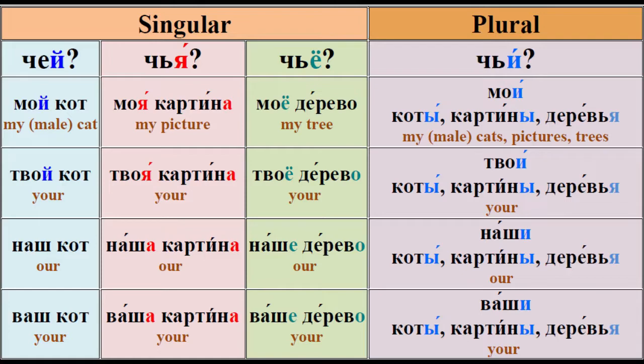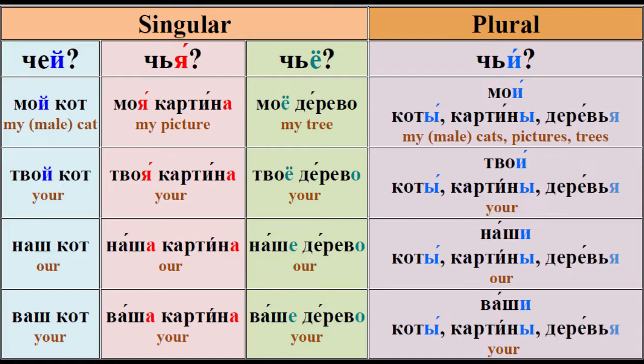If the noun is neuter, then our will sound like наше. Наше дерево. And if the noun is plural, then our will be наши. For example, наши коты, наши картины, наши деревья.